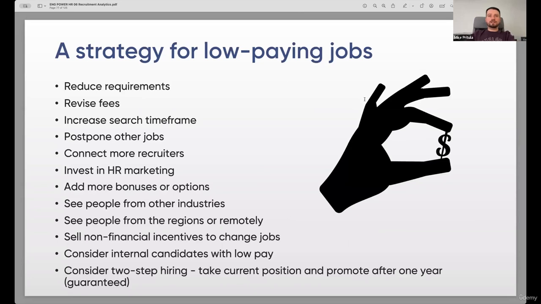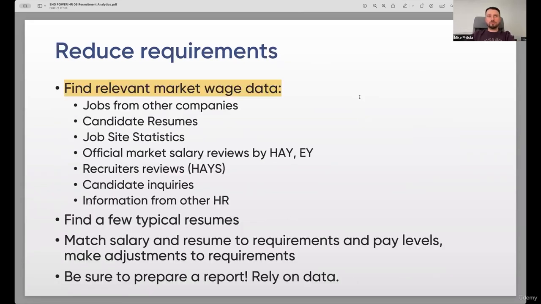So if you have a vacancy with pay below the market, you may do the following. First, you may reduce requirements, but it's not so easy. You can't just go to the customer and say, we need to lower the requirements. What you do is find relevant market wage data.